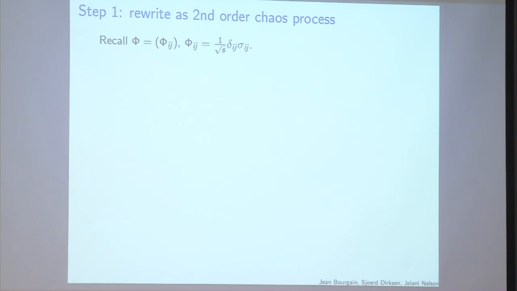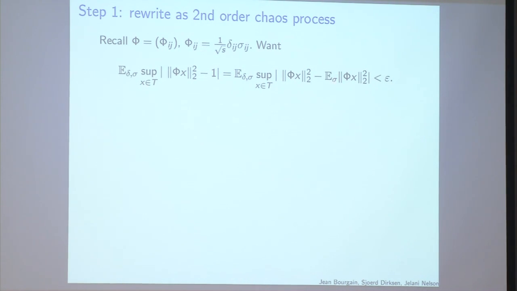So what we're going to do as a first step is write this restricted isometry constant as a second order chaos process, or a degree 2 polynomial in a Rademacher vector, so a vector of independent random signs. So this is the expected restricted isometry constant. And what I noted before is that in expectation it's an isometry.